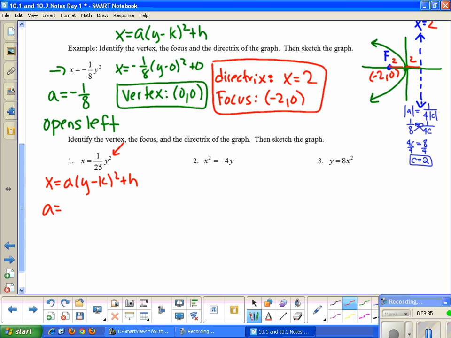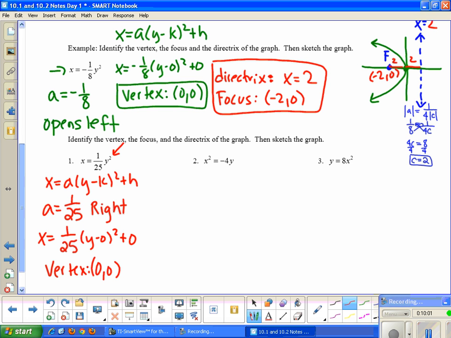My a value is 1 over 25, and because the y is being squared, I know my graph is opening to the right. So that's the first thing I like to write down. And so I can also write x equals 1 over 25 times y minus 0 squared plus 0. So that gives me my original equation. So the vertex is at 0, 0. So now I'm going to draw a little sketch for myself.